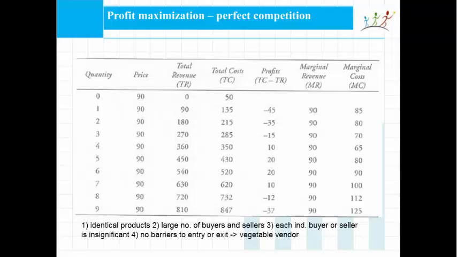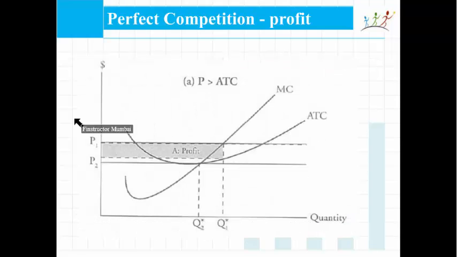Now what happens in a perfect competition is that the demand curve is not downward sloping, or the demand curve is perfectly elastic. So if the vegetable vendor can sell at a particular price, then he will be able to sell all that he has. So whatever is the market price of the potatoes, if he sells at that price, he will be able to sell everything.